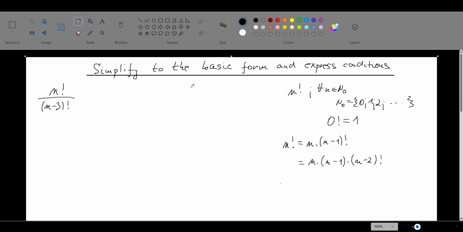So, for example, n factorial can also be written as n times n take away 1 times n take away 2 times n take away 3 times n take away 4, and you can keep going, but the last expression will be, in this case, n minus 5 factorial.